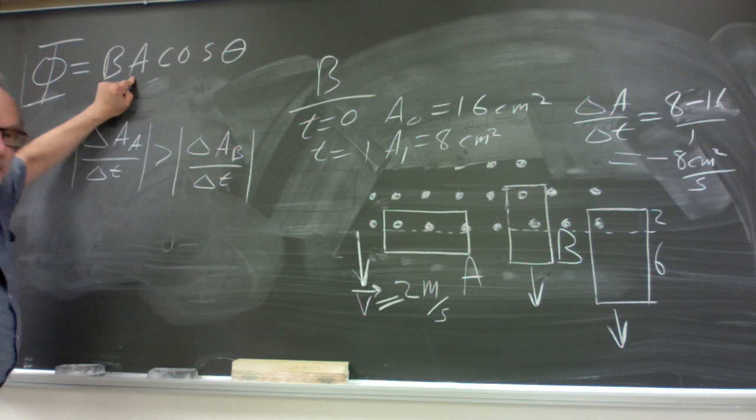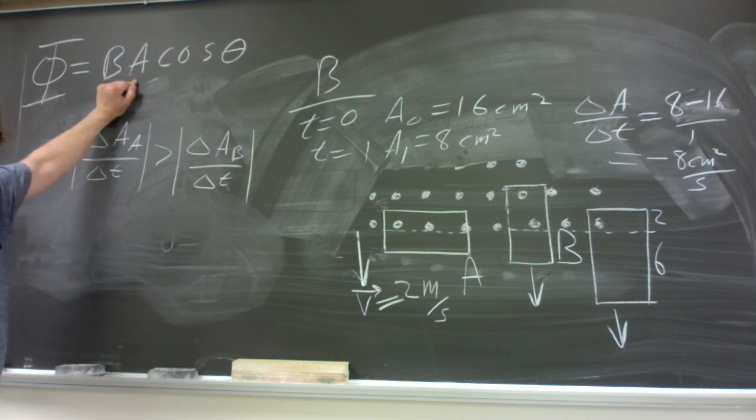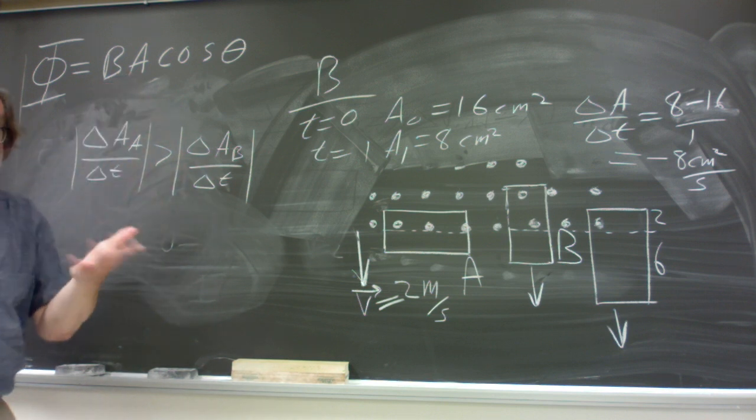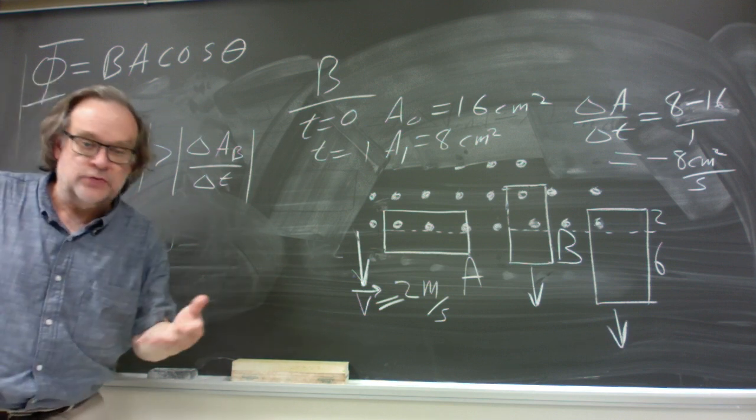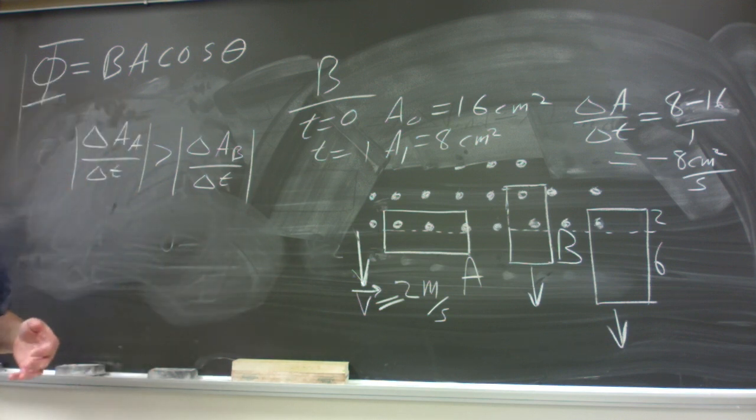So this number is changing at a faster rate. We're not so much interested in the fact that these changes are negative changes, decreases. We're interested in just how fast it changes.